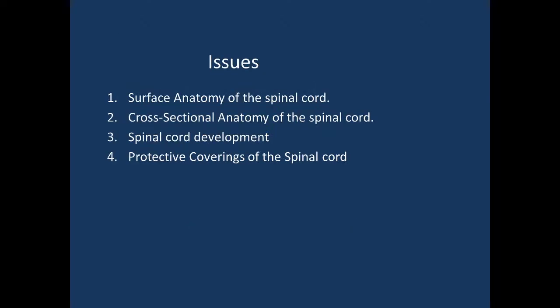Today we will start with the external structures of the spinal cord. Then we will look at its internal structures, and then we will talk about its development and finish with the consideration of the spinal cord protective coverings.